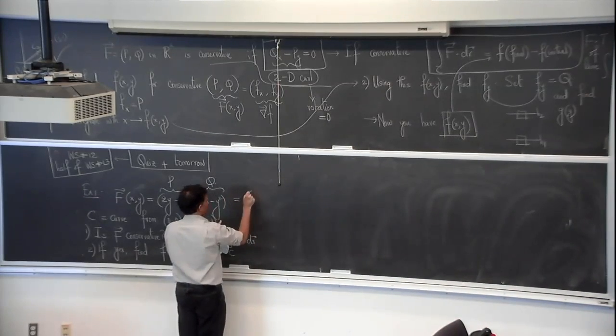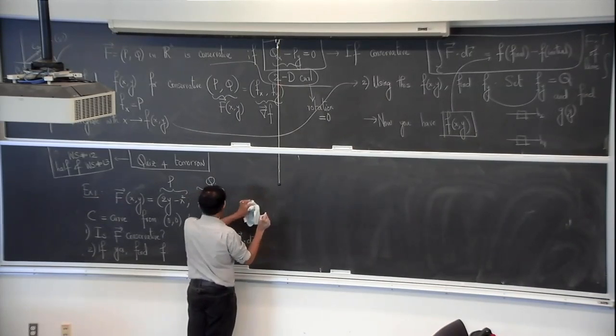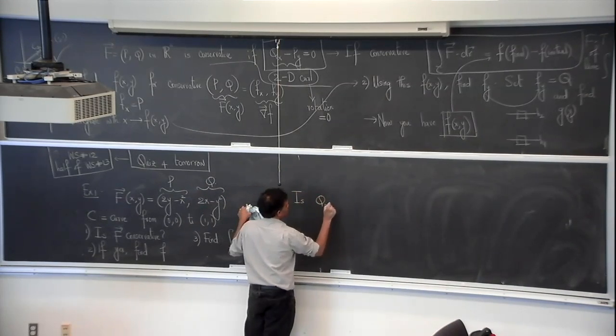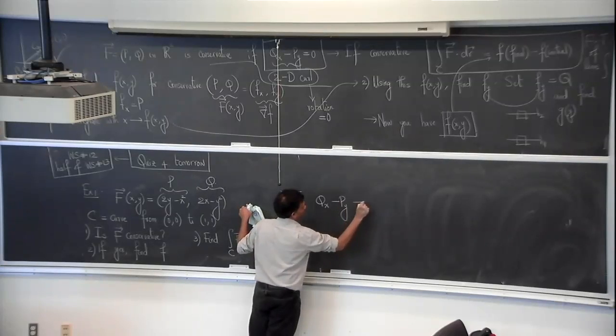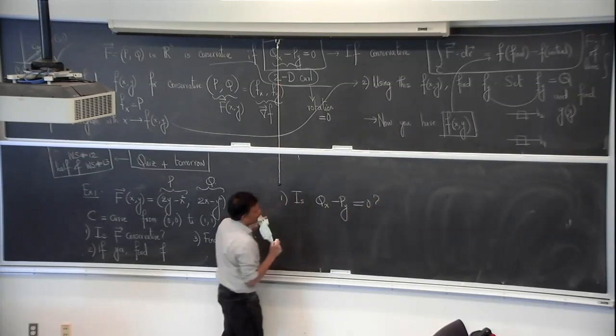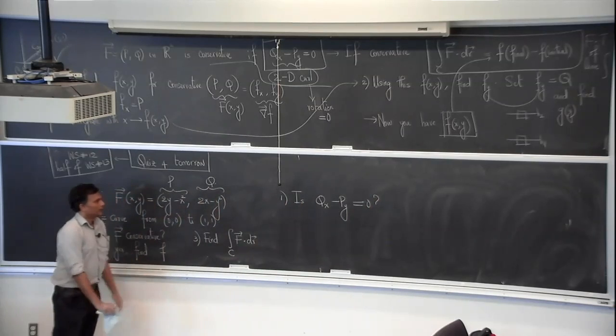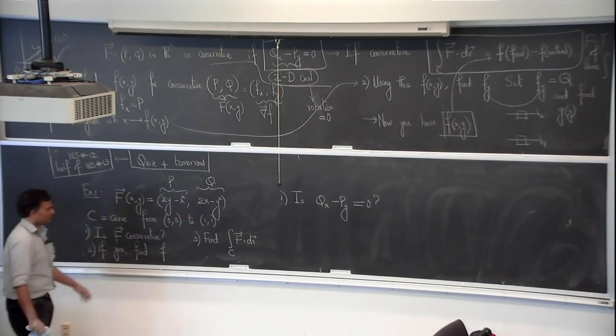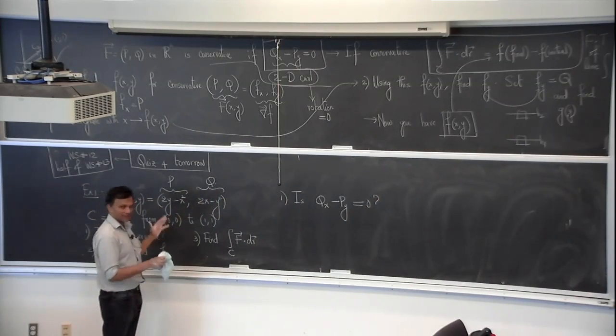First, let's verify this. Is Q_x minus P_y equal to 0? Not Q_y minus P_x. That may or may not be equal to 0. We don't care. Please don't check the wrong thing. Q_x minus P_y, the cross component. There should be no rotation in this if it is conservative.